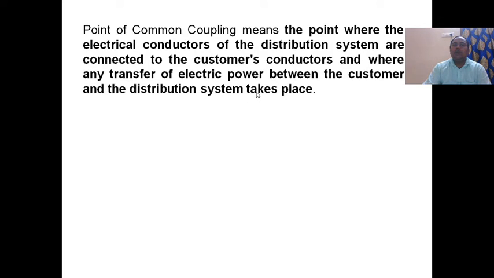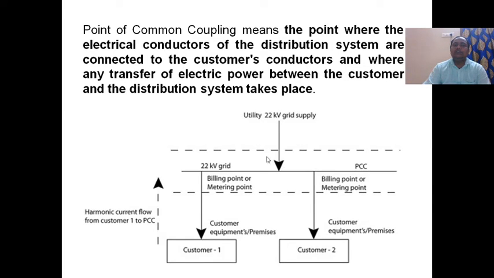It is a conductor linked between the service conductor and our household conductor. Where customer conductor meets distribution system conductor, that point is known as point of common coupling, PCC.